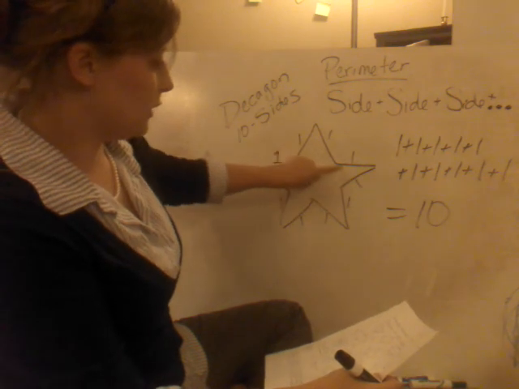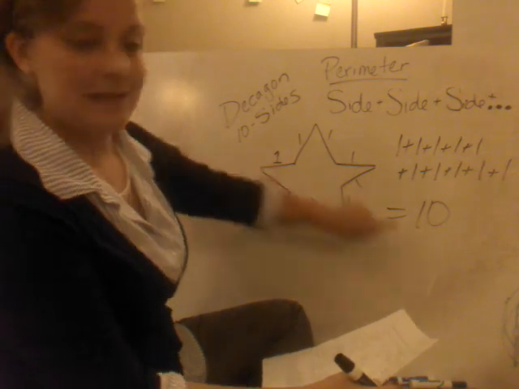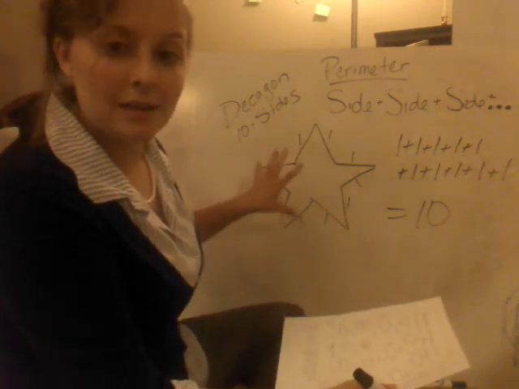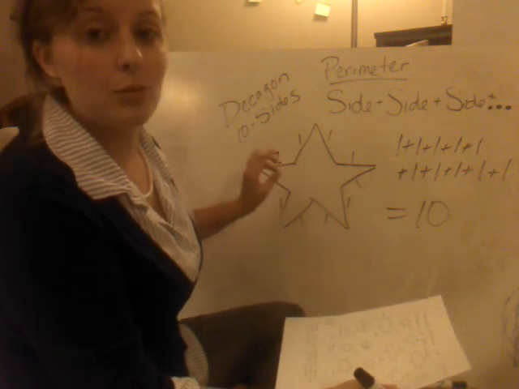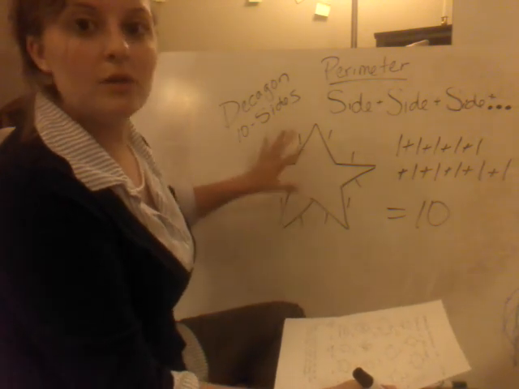So even though this thing has 10 sides, I still add the perimeter up exactly the same way. Even though it's shaped like a star, I still add the perimeter up the same way because the perimeter is always just the outside of whatever shape I'm looking at.